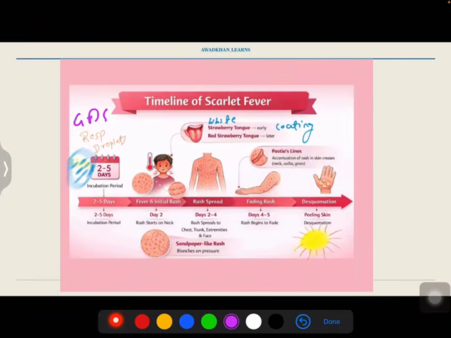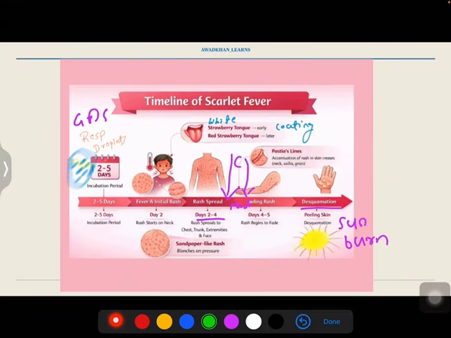Rash which is erythematous with fine papular eruption and which is blanchable, spreads on day 2 to day 4 from cephalocaudal direction, and rash starts fading within 7 days, also in cephalocaudal direction, and rash also desquamates, and it gives rise to sunburn appearance.